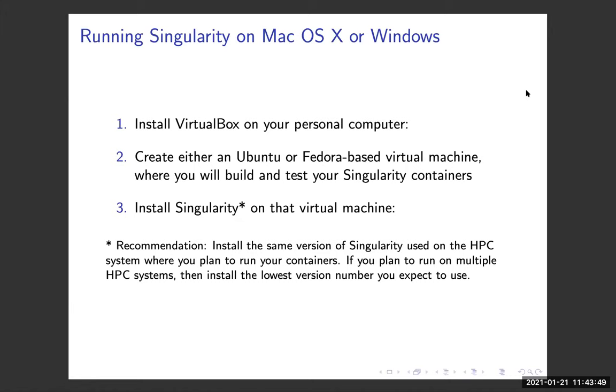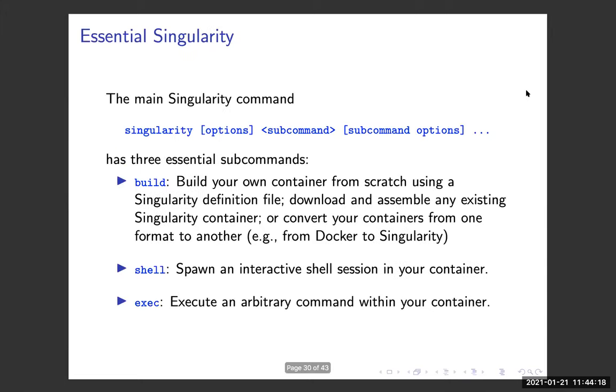Like other software, Singularity is evolving a little bit fast, and backwards compatibility of the container image format sometimes breaks between versions. If you use a newer version of Singularity, you can't necessarily run that newer container on an older version of Singularity. Maybe you can, but it's not guaranteed.